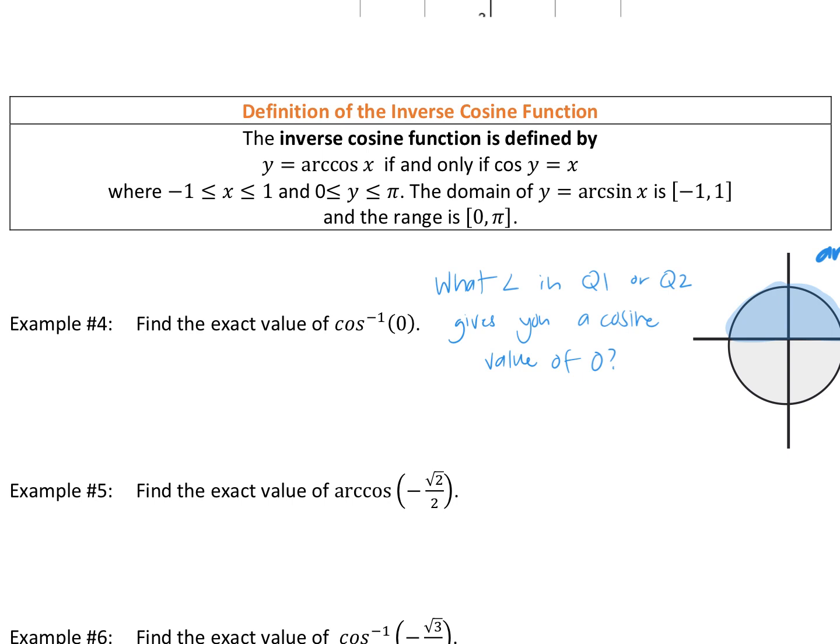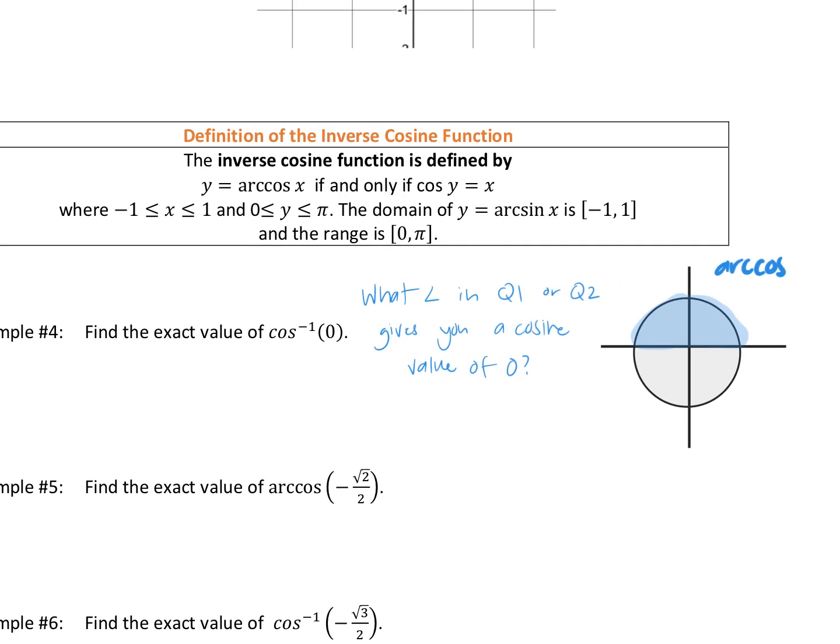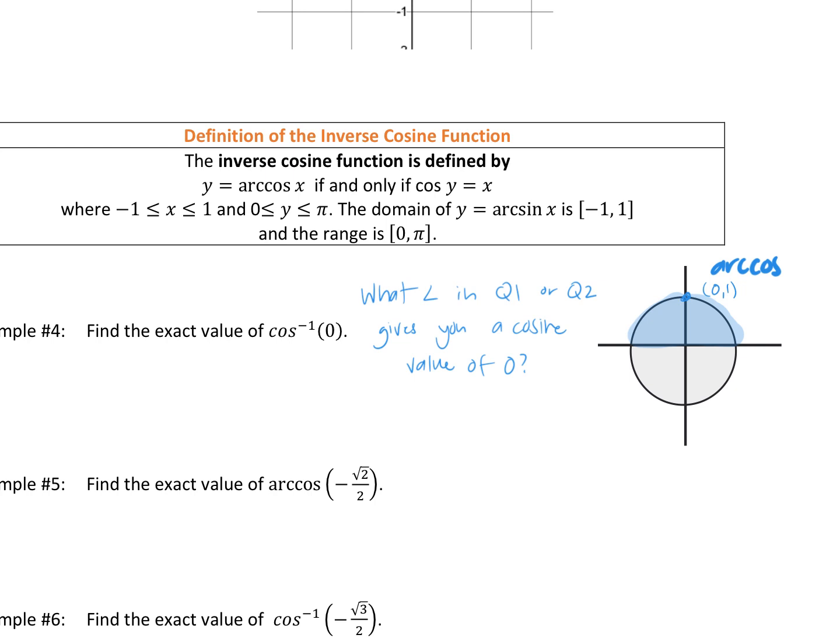Looking on my unit circle here, the shaded region is where my answer has to be. Where is cosine going to be 0? My x value is 0. Pi over 2. This value right here is at the coordinate point (0, 1). So my cosine inverse of 0 gives me an angle, and pi over 2 would be your answer.